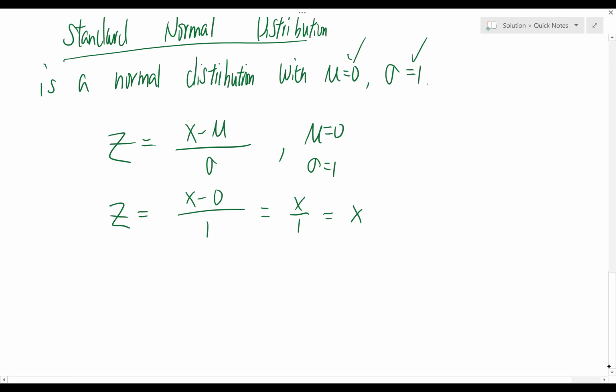That means the z-score is the same thing as the given continuous random variable for the standard normal distribution. That's important and also useful. Anytime they give you the continuous random variable, like temperature, that actually becomes a z-score.